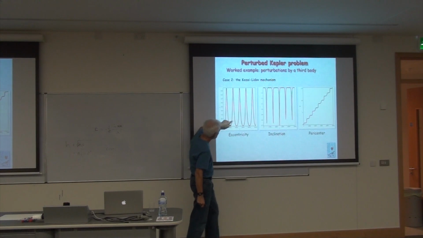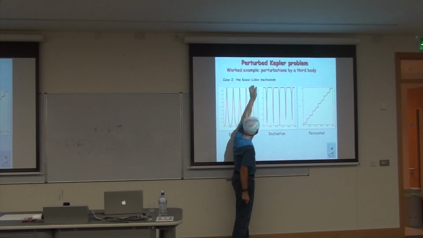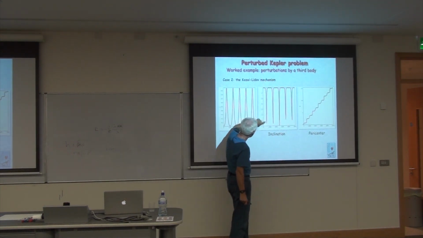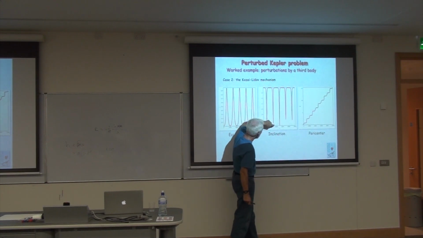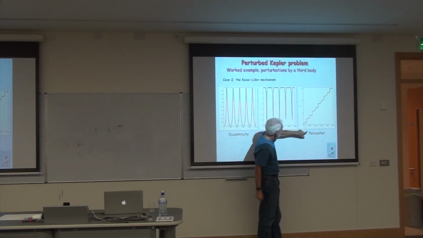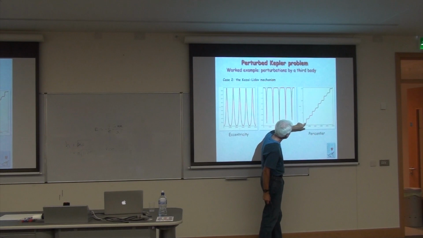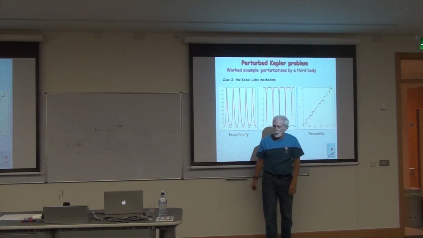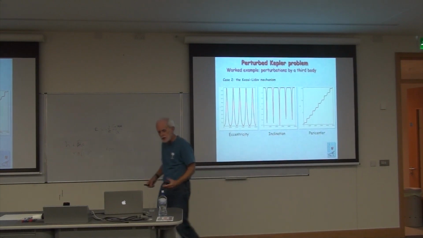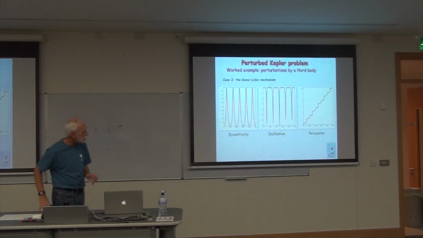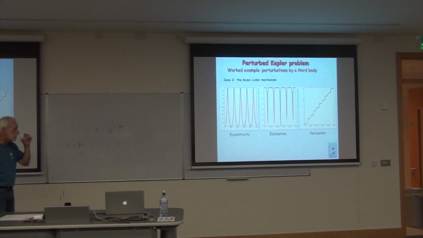So the eccentricity oscillates, while the inclination goes from whatever its initial value was to a new value. So it oscillates. And the pericenter advances and then it tails off. It actually, I think, reverses a little bit during these peak oscillations. So it kind of wobbles a bit as it evolves. So you get all kinds of weird behavior when you include this Kozai-Lidov mechanism.